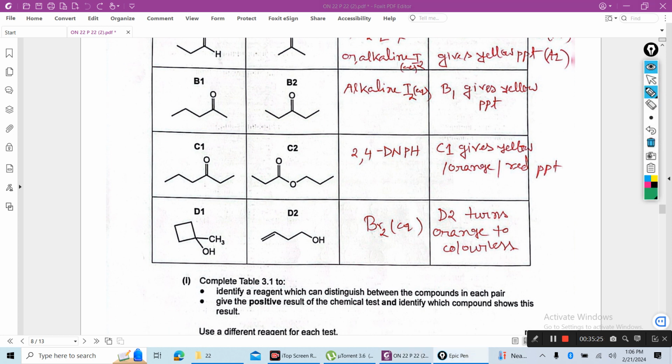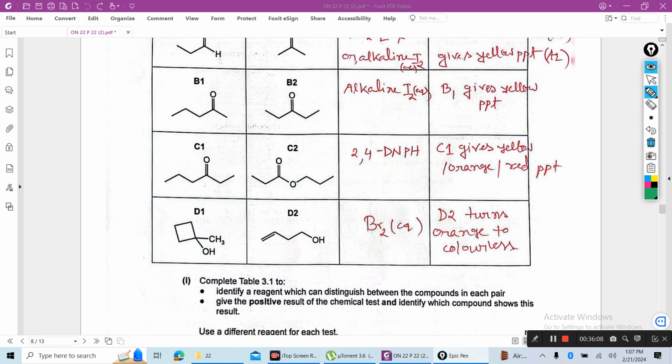Now how can you distinguish C1 and C2? So this is a ketone, this is an ester. If you add 2,4-DNPH, I mean 2,4-dinitrophenylhydrazine, this is an organic compound, any carbonyl compound, I mean aldehyde or ketone, reacts with 2,4-DNPH to give a yellow or orange or red precipitate, but ester does not give this test.